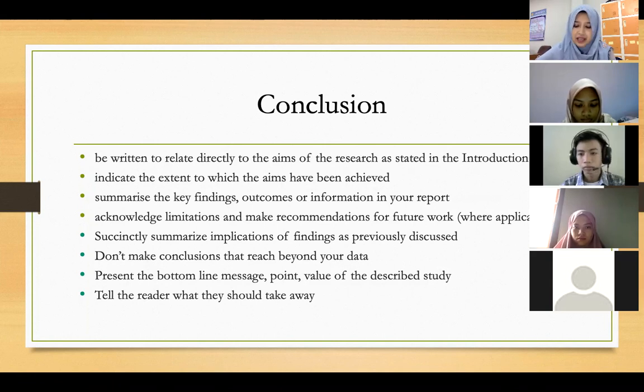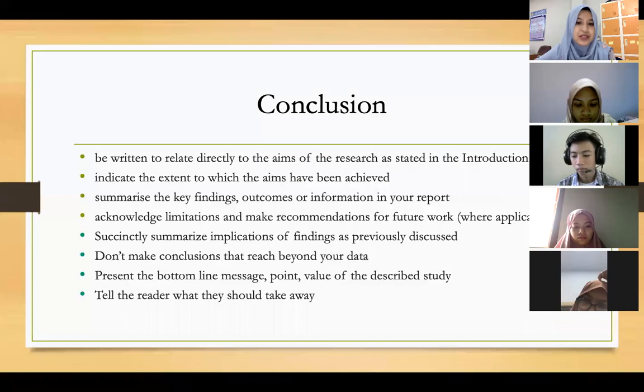And after that, a good conclusion also will acknowledge the limitations of the study and also provide recommendations or suggestions for future studies. For example, for your case, you are doing systematic review based on Scopus database.